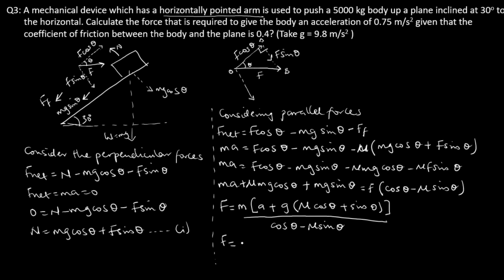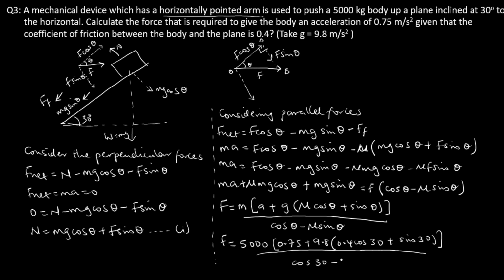We have F equals, we're told that the mass is 5,000 kg into the acceleration is 0.75 plus, we're told our g is 9.8 for this question, our mu is 0.4, cos 30 plus sine 30 over cos 30 minus 0.4 sine 30.